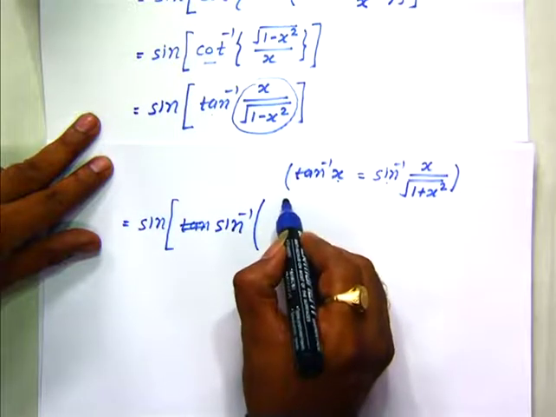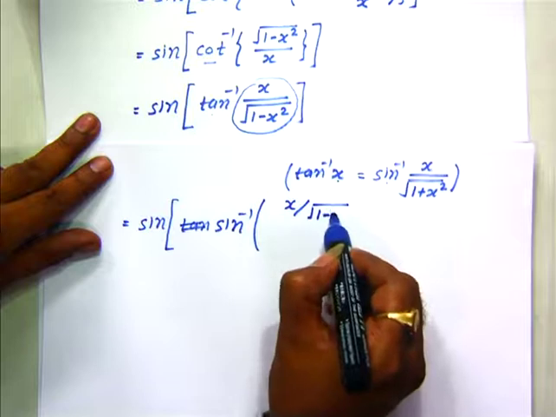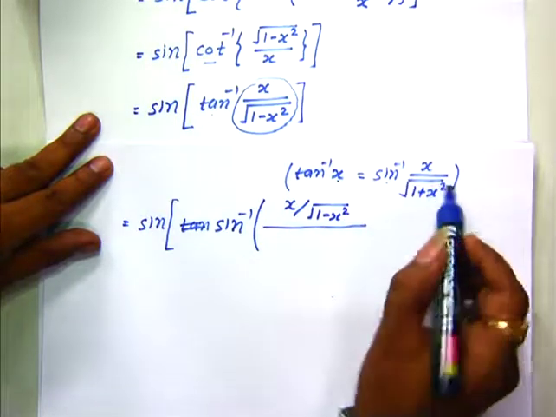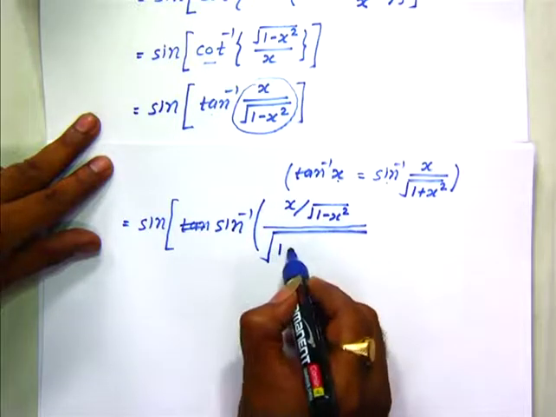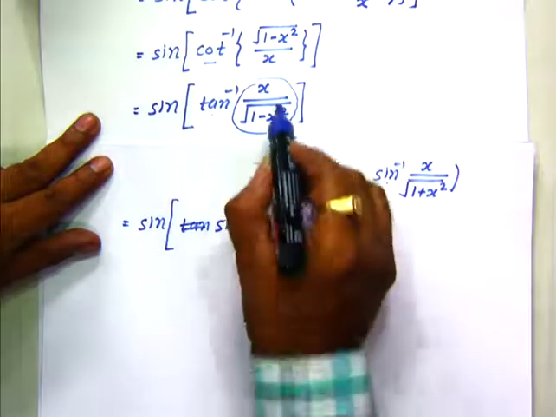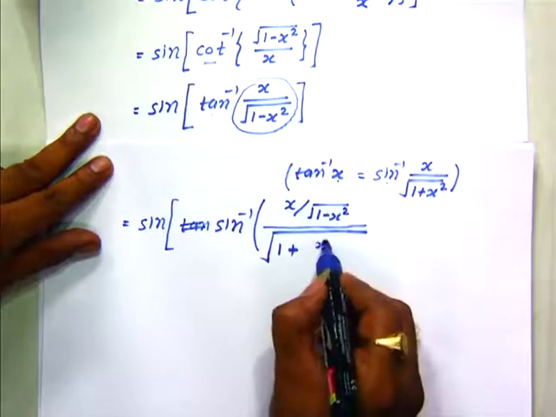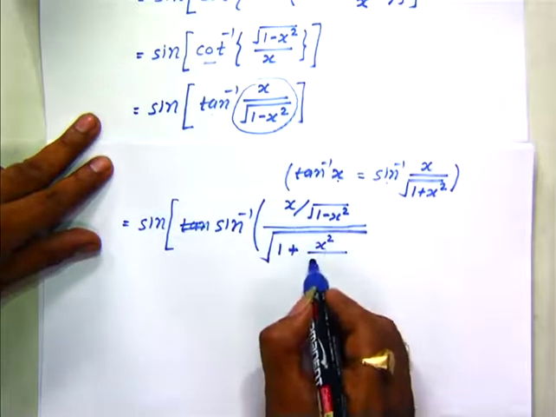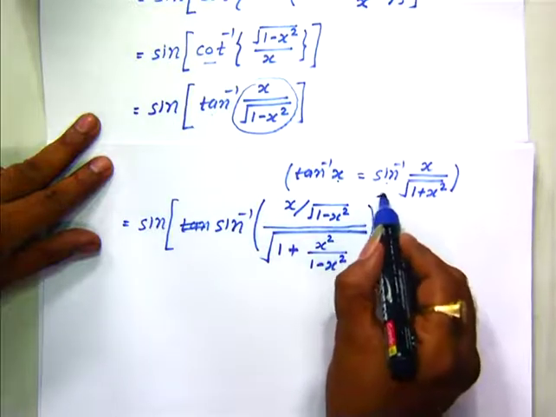So we have to write this x in numerator, x upon square root 1 minus x square upon square root 1 plus x square. So square root 1 plus x square means square of this, square of this, square of x is x square upon square of this part is 1 minus x square. Okay.